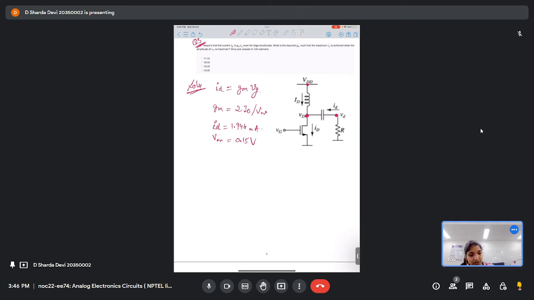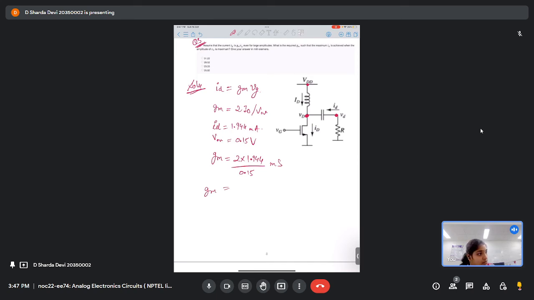So yeah, it is said that let's say ID is denoted by GMVG, and since we know GM is 2 ID by VOV, VOV is already known to be 0.15. So GM becomes 2 times 1.944 by 0.15 milliseconds.